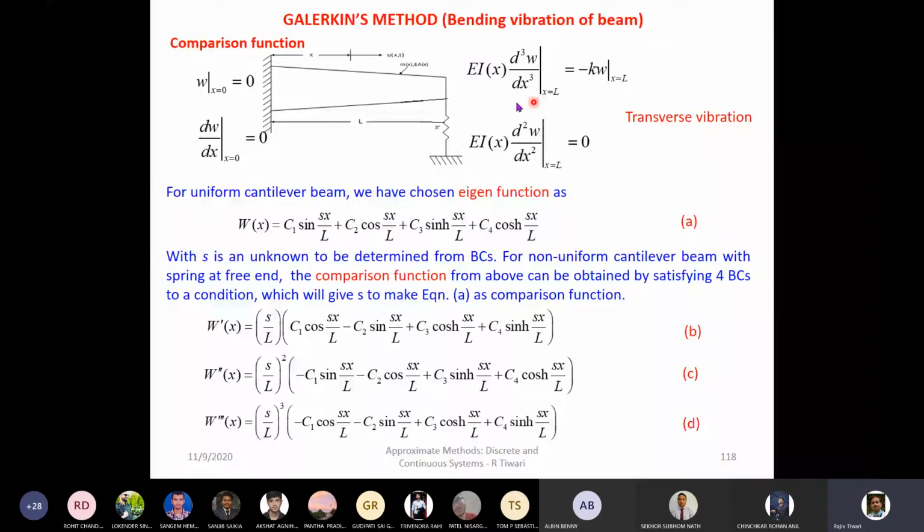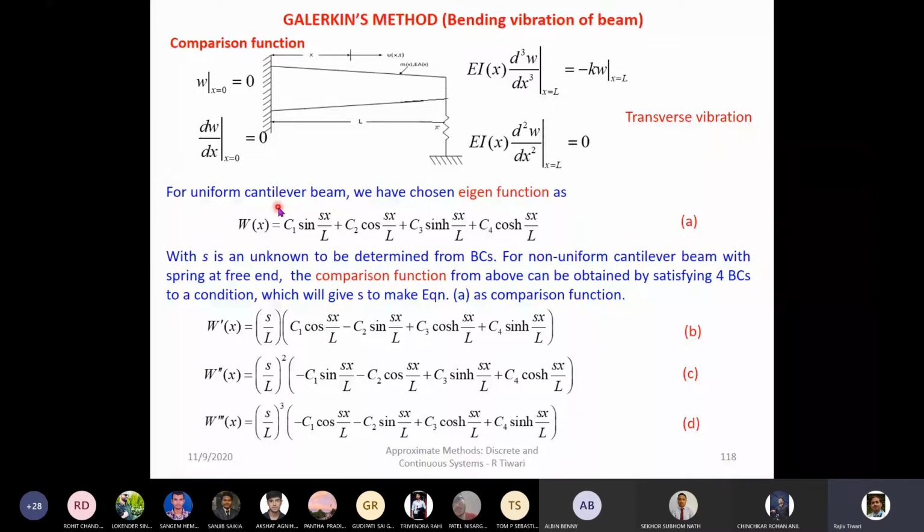So the shear force takes that particular spring constant. Now, how we can get the comparison function for this is, the idea is we already have some information from the uniform cantilever beam, as we started for the case of the axial vibration case.